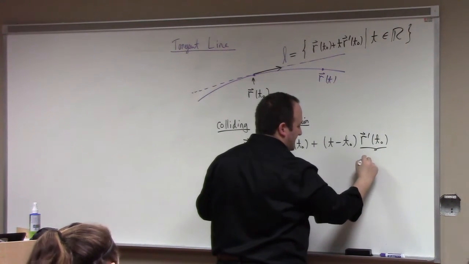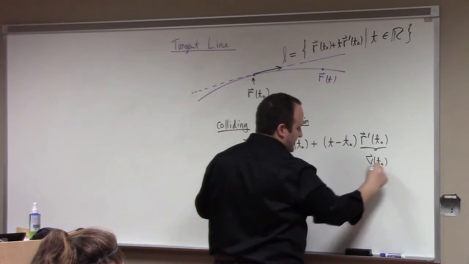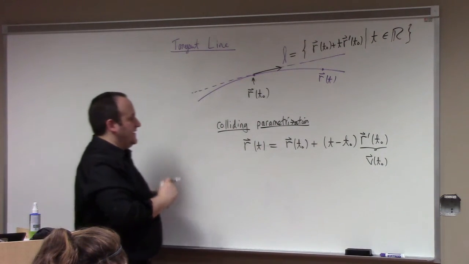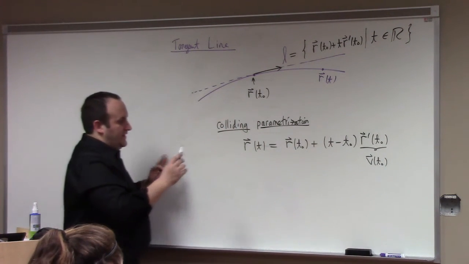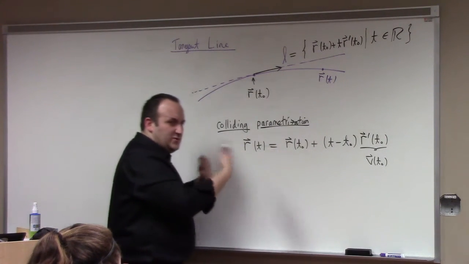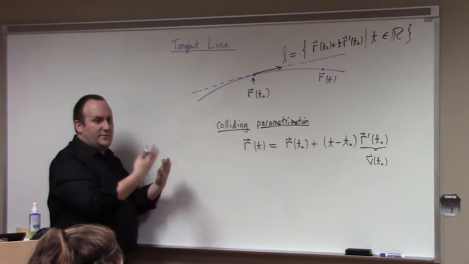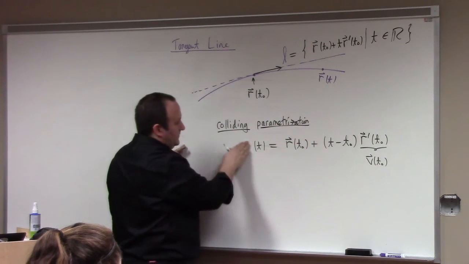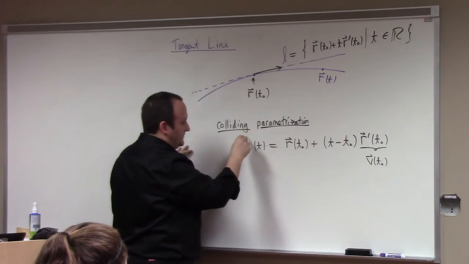Again, this is the velocity at time t naught. Oh, and I shouldn't use r of t here, right? r of t is the given path. I need a new symbol for the tangent line. Let's say L, the tangent line, L of t if you like.